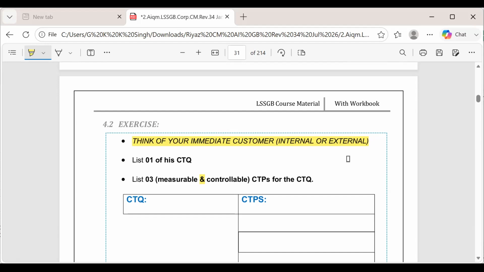So for accuracy, what will be the CTP? To have the correct data.